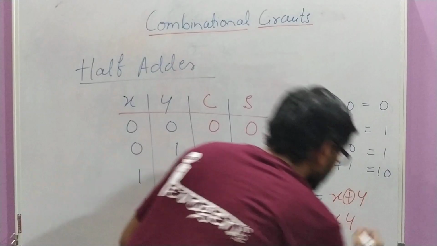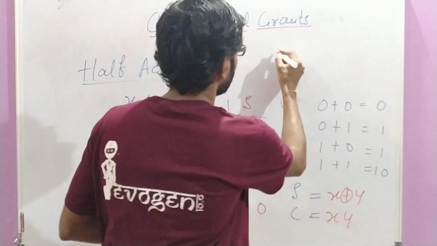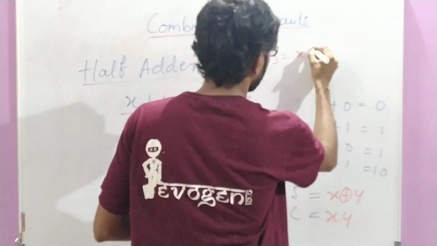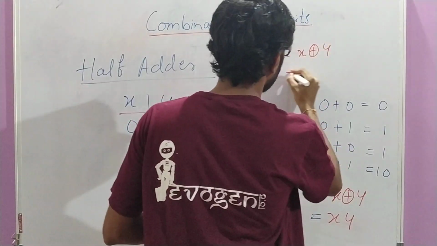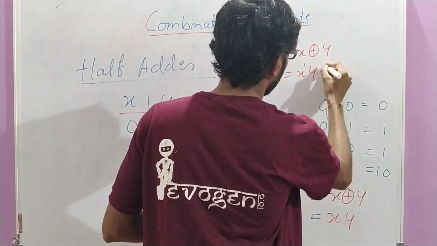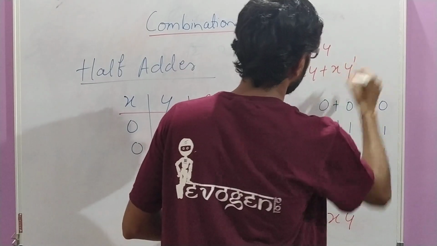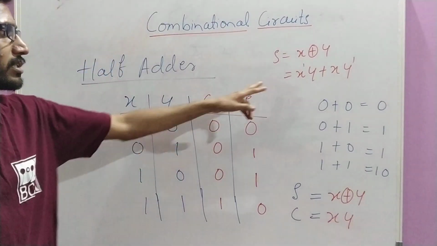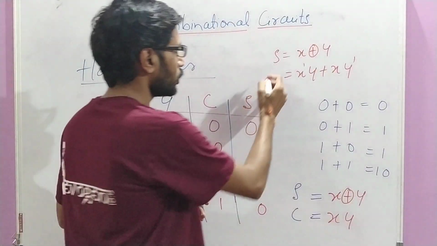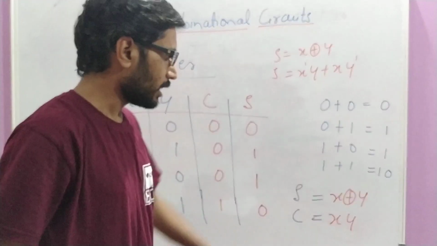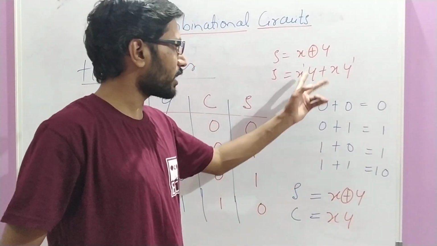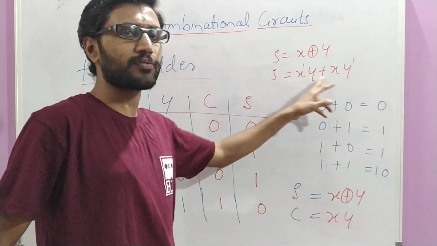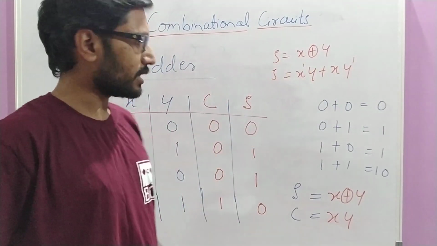Or we can also write this as s is equal to x XOR y, or this can be written as x dash y plus x y dash. So either we can use this XOR gate directly, or we can use AND gates, NOT gate, and OR gate also to design this.